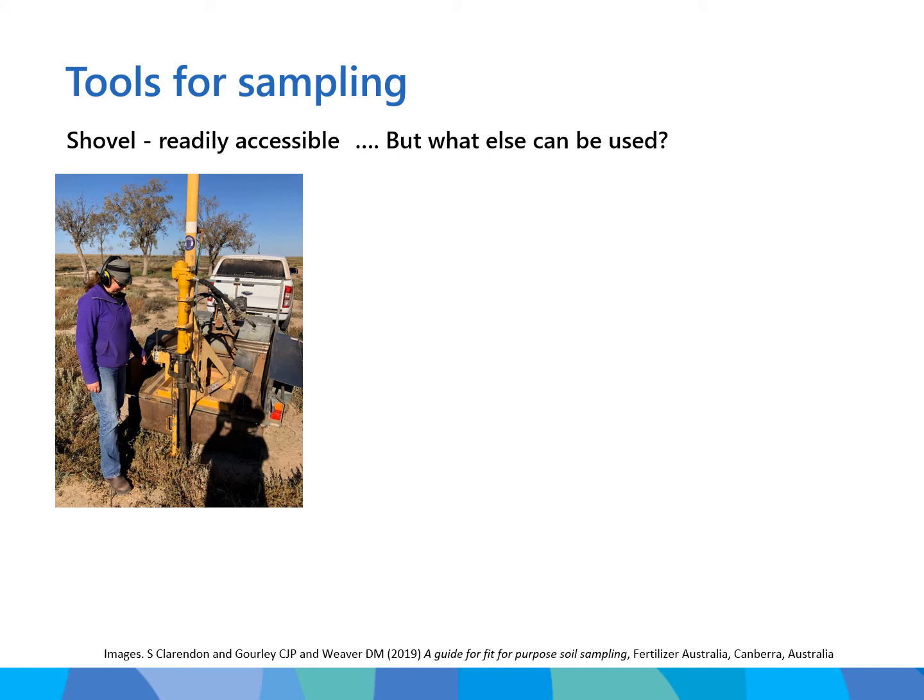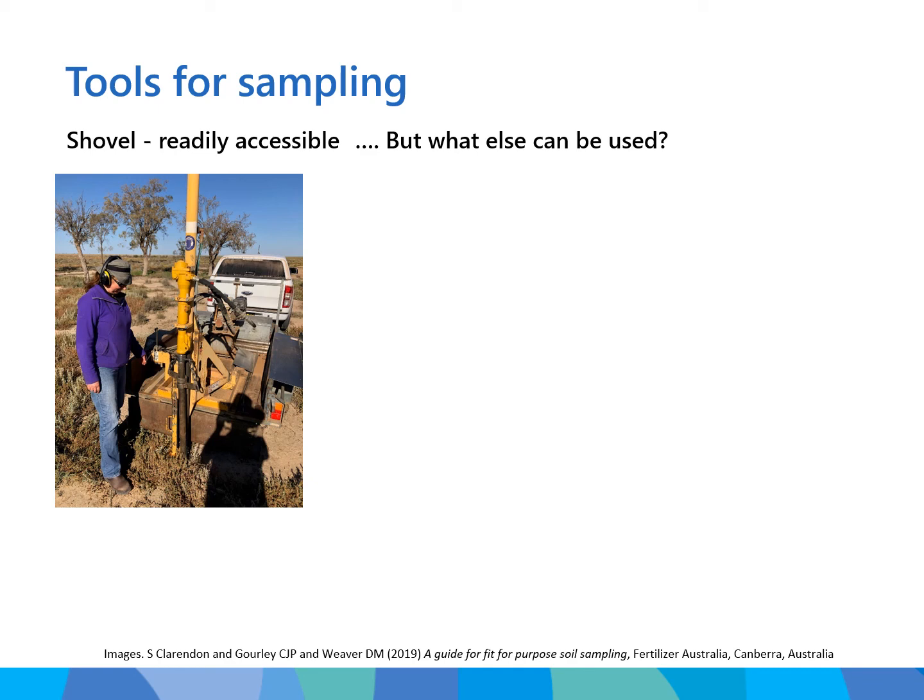For example, if we're collecting samples for carbon, as we did in this project, over a larger area and for a particular emission trading scheme or something like that, we'd use a larger soil coring unit as we want the cores to be intact to measure bulk density, as we need a known volume, and we're also covering larger areas, so more cores.